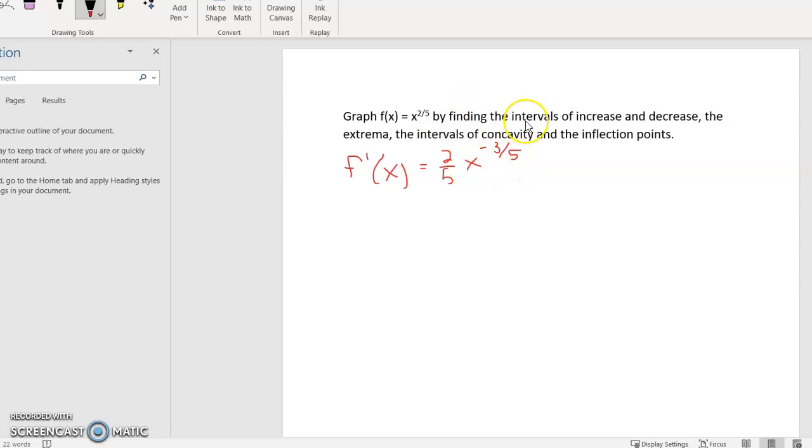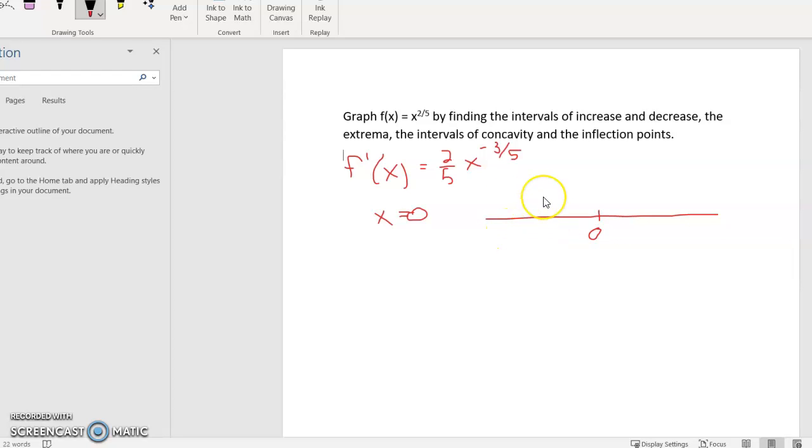All right, now don't let the fact that that is a negative exponent bother you. The only place where this is 0, or really undefined, since this really goes into the denominator, is where x is 0. It's our only critical value. So let's put that on a sign chart.